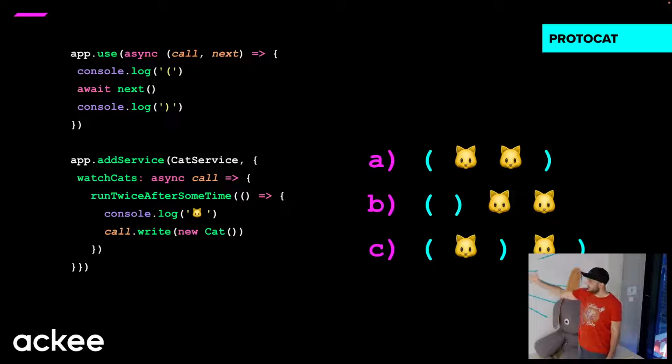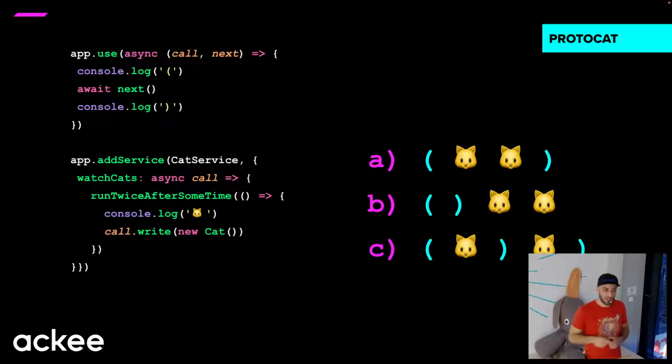And yes, the cats can come after it, but it's all promises, and you can make it behave like A when you resolve the promise only when the stream ends. So we thought this gives some flexibility to the developer. And also, if you tried, you could make it work like C, because you can call the next thing multiple times, but it would be a bit weird.